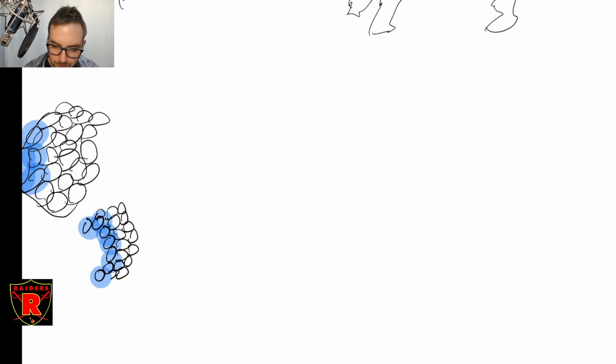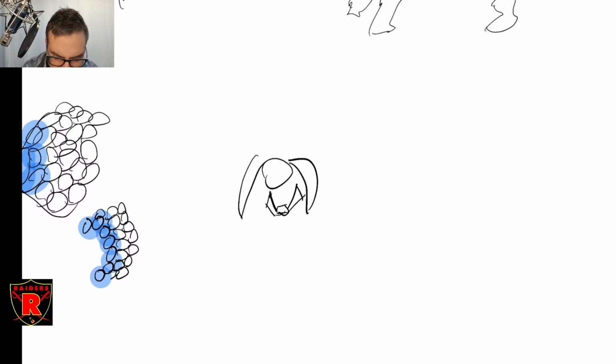Oh man, I'm going to try drawing again. This is going to be brutal. A dog. Oh jeez, this is going to look horrible. I'm so sorry, I should just stop drawing things. The eyes are funny.